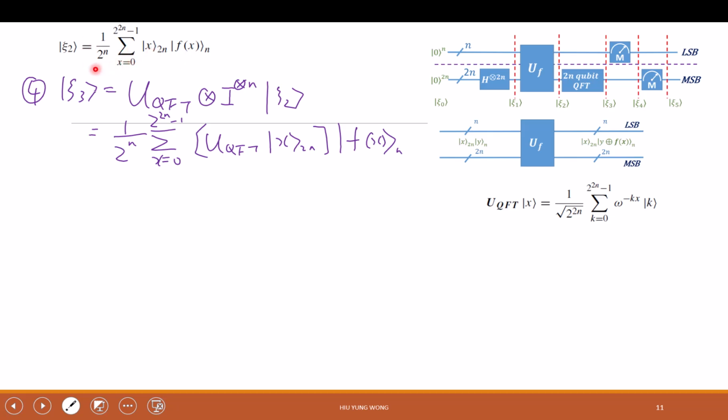But again, it is linear. So I will distribute this matrix into the basis state. So I have 1 over 2 to the power n summation, take it out, right? And then I apply this one to each of these terms. But this is only to first 2 qubits. So I only apply quantum Fourier transform to this first 2 qubits. The last n qubit will keep unchanged. Okay? Any questions?